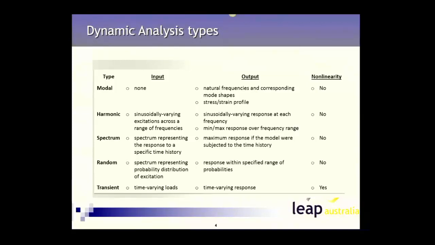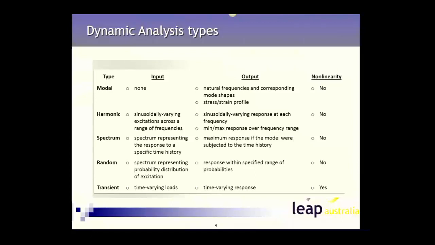So this is done as basically a power spectral density. So things like space shuttles, it's used a lot to simulate very short duration events. So you just do it as a frequency spectrum. So all of these are linear. So up to this point, everything is linear.